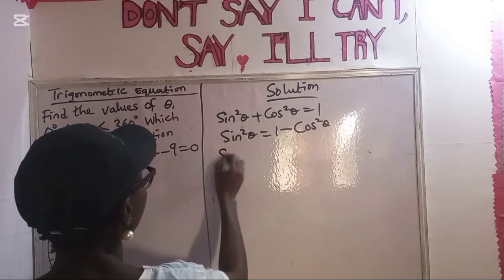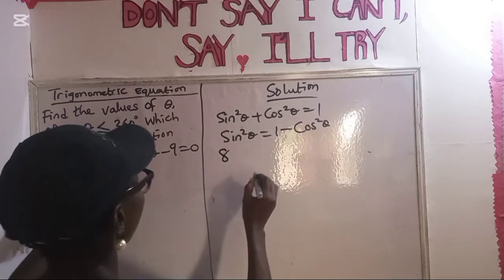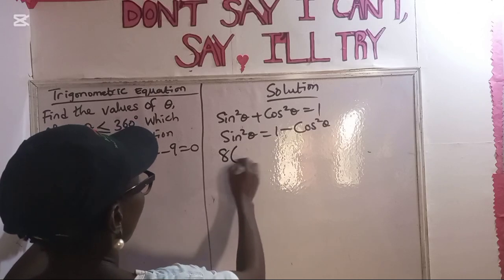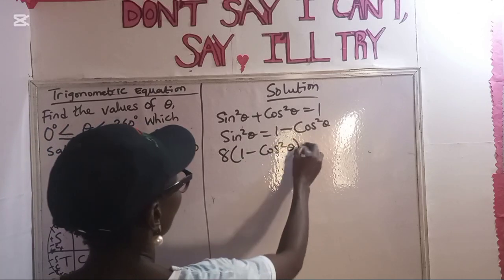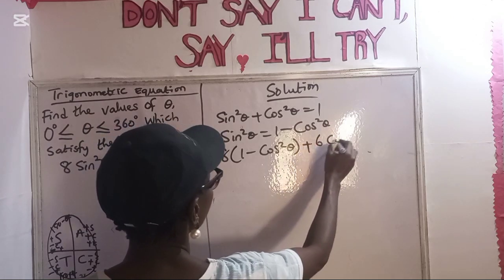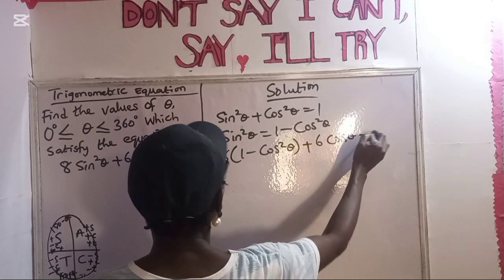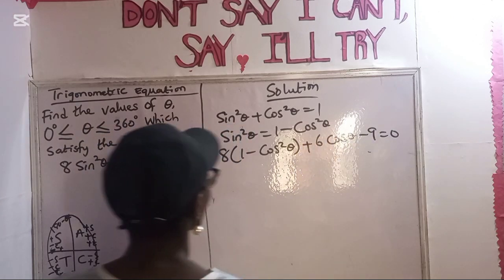So we have 8 sine square theta. In the place of sine square theta, we are writing 1 minus cos square theta, plus 6 cos theta minus 9 equal to 0.